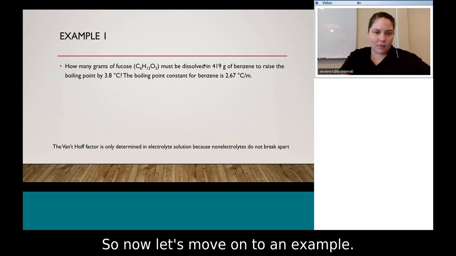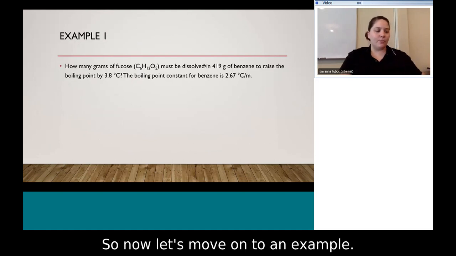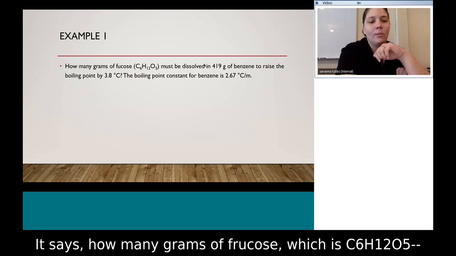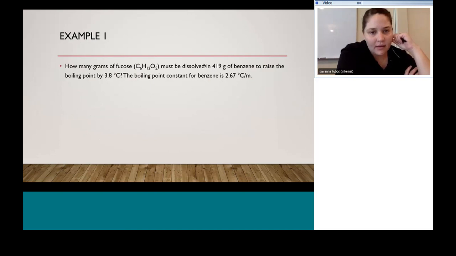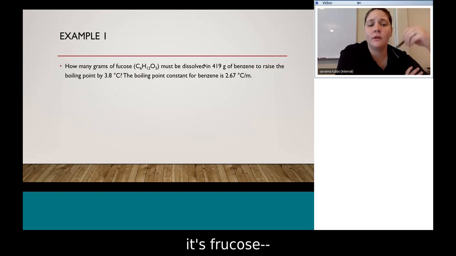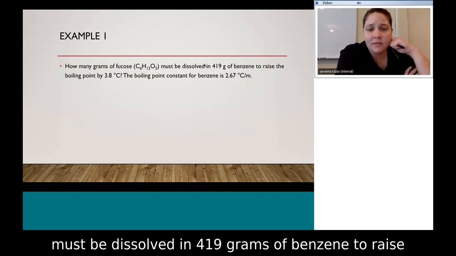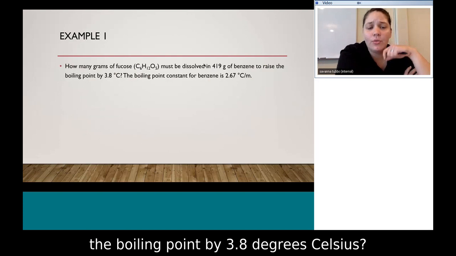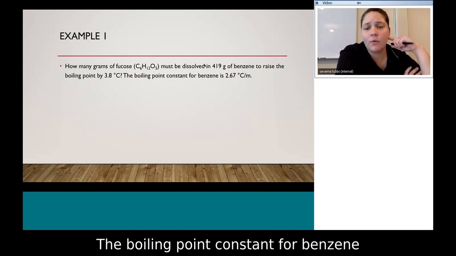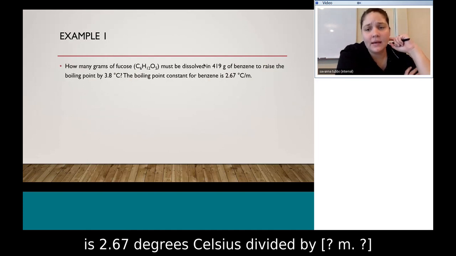So now let's move on to an example. It says, how many grams of fructose, which is C6H12O6, make sure you're paying attention, must be dissolved in 419 grams of benzene to raise the boiling point by 3.8 degrees Celsius. The boiling point constant for benzene is 2.67 degrees Celsius divided by m.